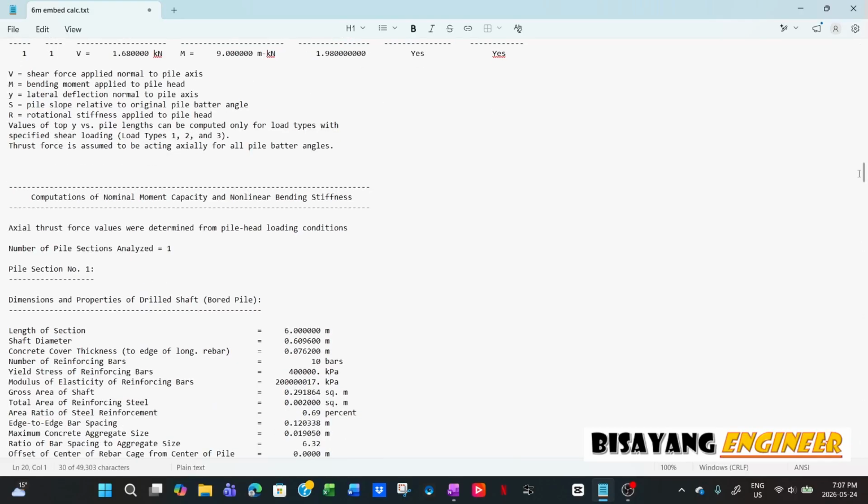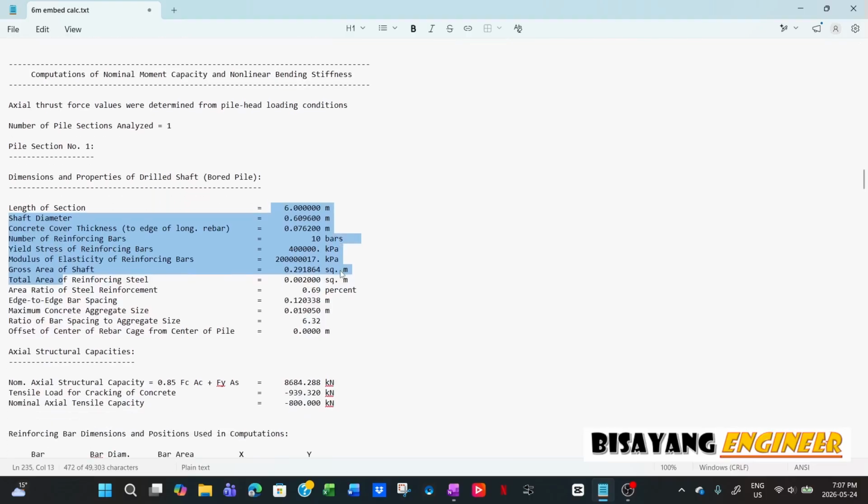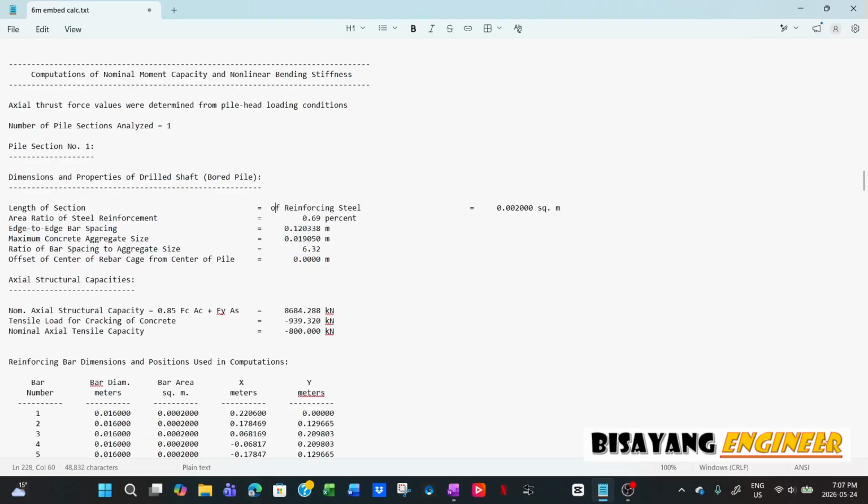So you will input the shaft diameter and all the information. The good thing with this software is that this is a cast in place pile, but this software can run steel, concrete filled steel pile, square, round pile, precast, cast in place, so it can run almost all piles.